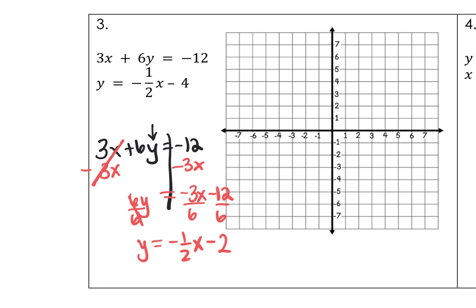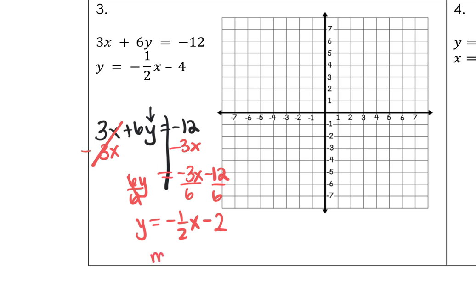So there's the equation of your first line in y equals mx plus b. Y equals -1/2 x minus 2. So my slope is -1/2, and then b is -2. So I start at -2, and then from there I've got a negative slope. So that line better be decreasing if I have a negative slope. So I'm going down 1 and to the right 2.